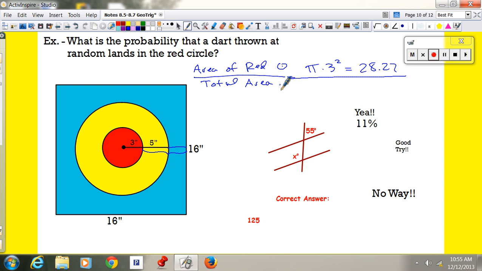And we want to put that over the total area, which would be 16 times 16, which is 256. So 28.27 divided by 256, you get 0.1104.